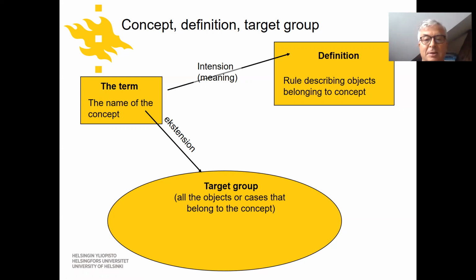And you have the extension. So that was a target group. All those objects or cases or whatever items belonging to the concept come within this frame. And outside of the extension are all the other things, objects, ideas, whatever in the world. So green dragons do not belong to self-concept.